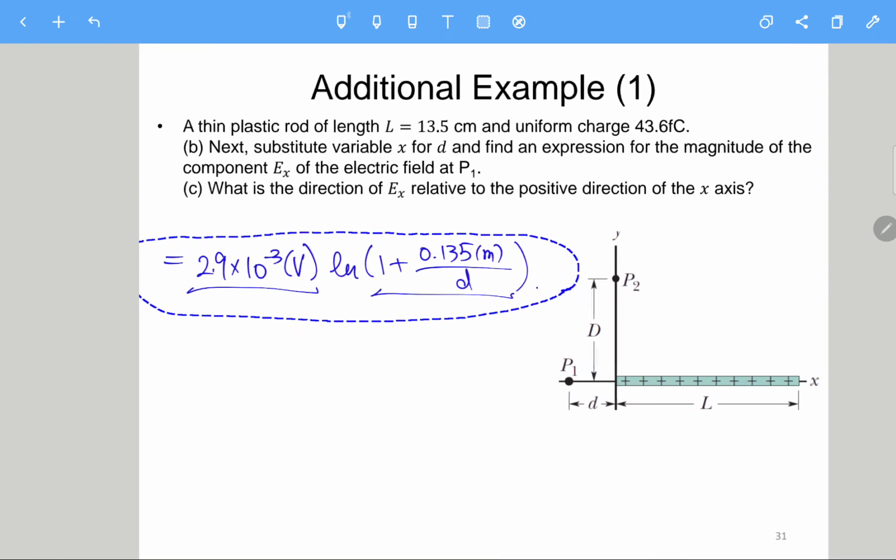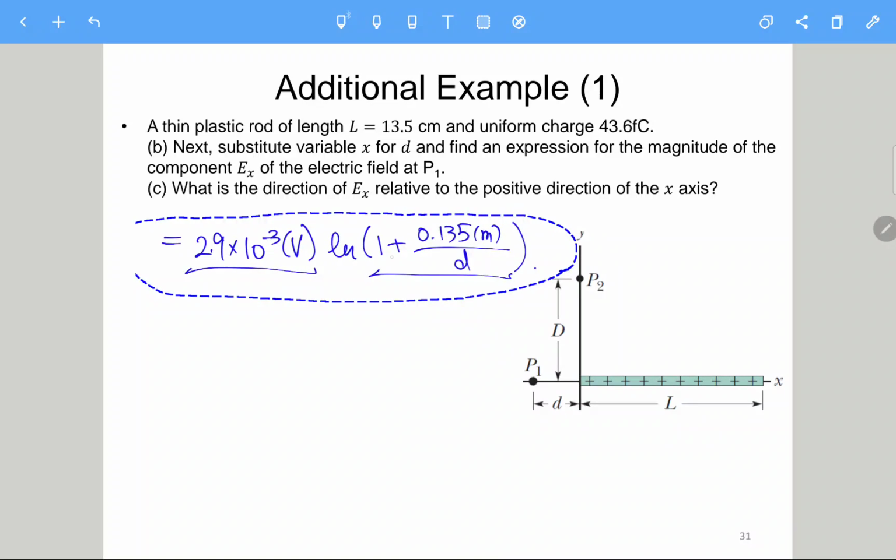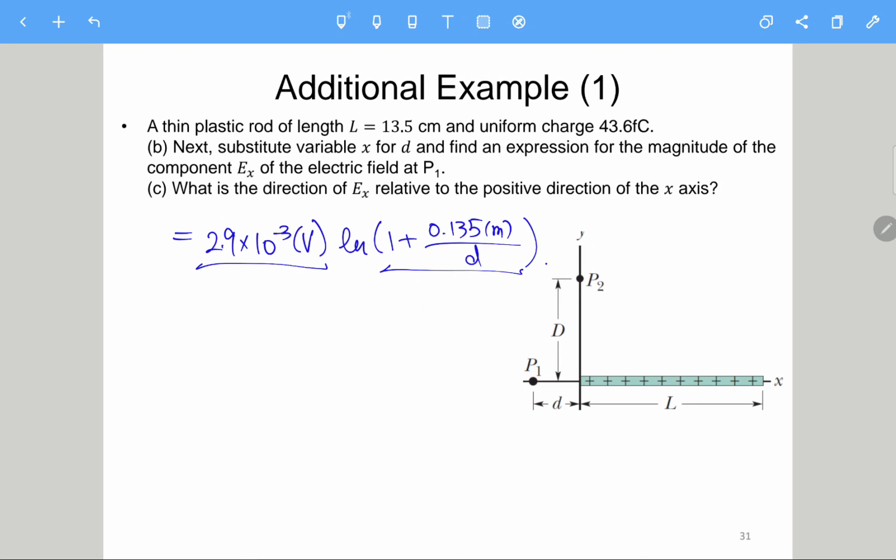So we have V. It asks you to substitute variable x instead of d, which means that it's just fixed. I mean, this d is called x now.